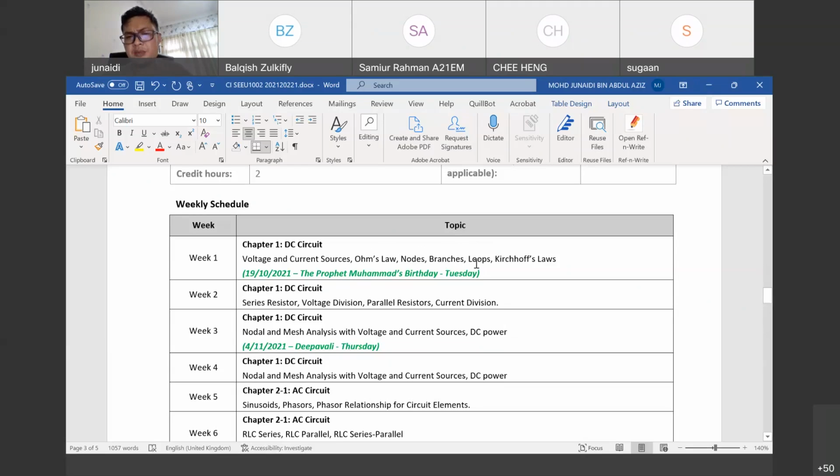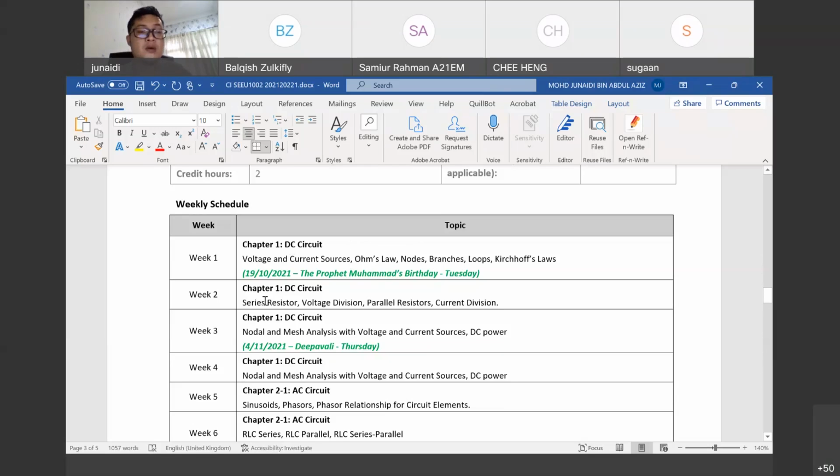Nodes, branch, apa benda pula branch kan? Branch is macam pokok pula. So branch and then loops, nodes. Make sure you understand all these terms during this week, because this is your fundamental course for electric circuits, how to analyze them. I believe it is very important to understand the terms that we use in our class.